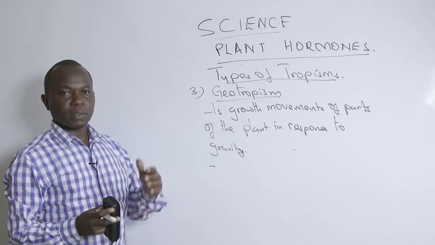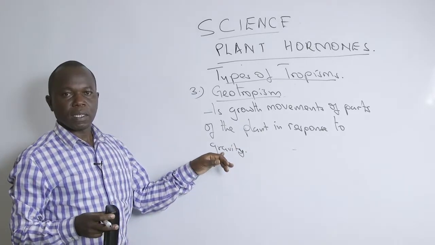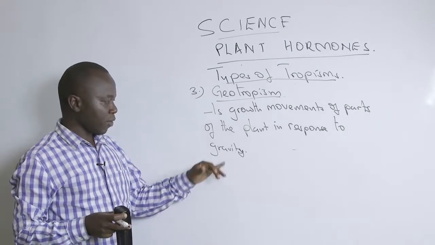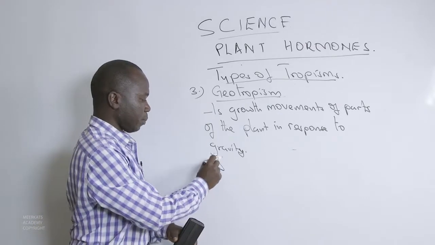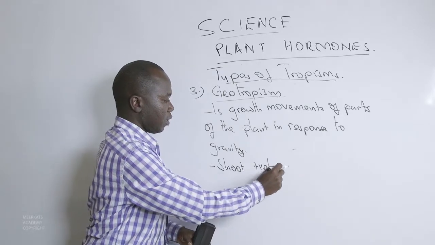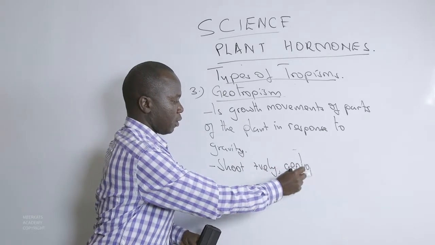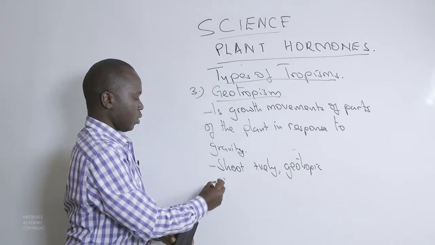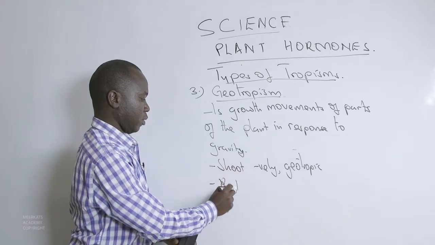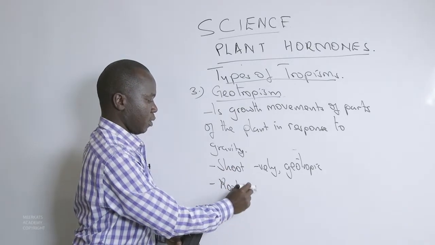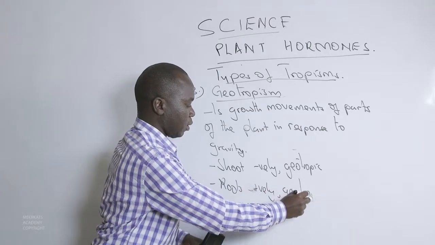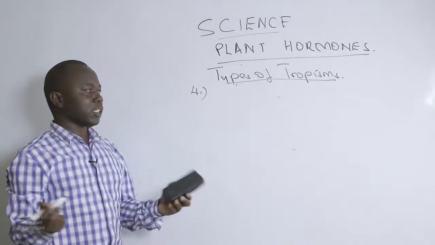In this case, the roots are the ones that will be growing towards earth, the gravity, while the shoots are growing negatively away from the gravity. Shoots are negatively geotropic, and roots are positively geotropic. So in fact, the remaining we can just explain.